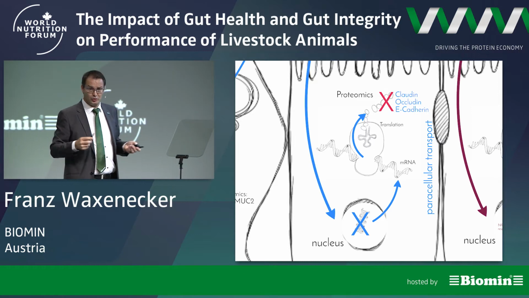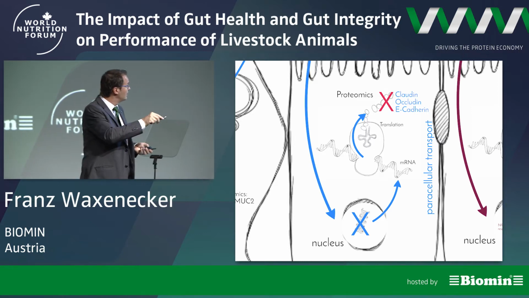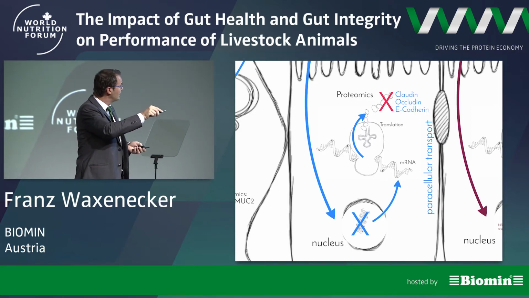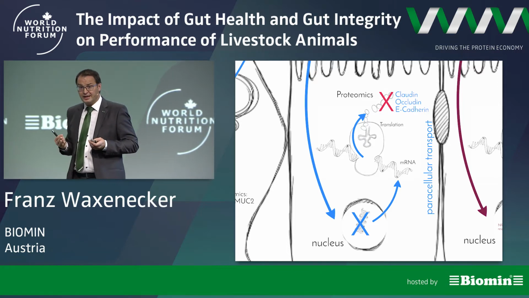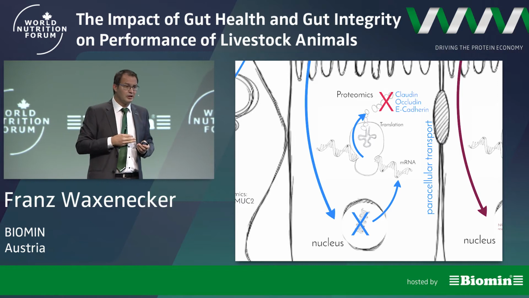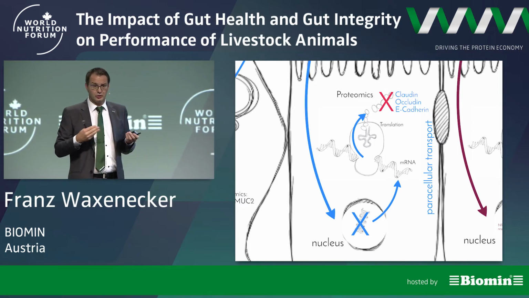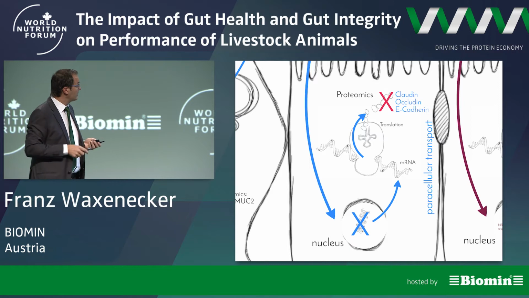And as we learned earlier during this conference, these tight junction proteins make sure that those connections between the enterocytes are tight, so that no paracellular translocation of bacteria or toxins can take place.